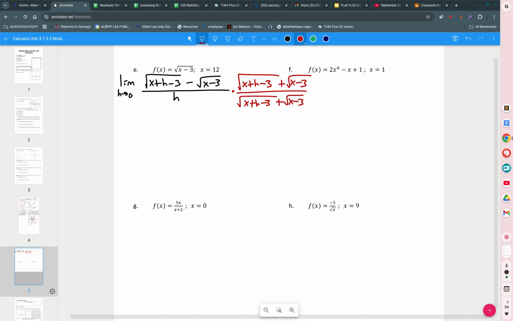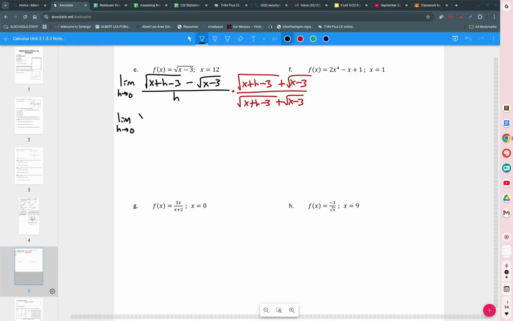Okay. This looks really messy. Show it the patience that it needs, and we'll deal with the denominator in a second. I have the limit as h goes to 0 of, what's going to be in the top now?